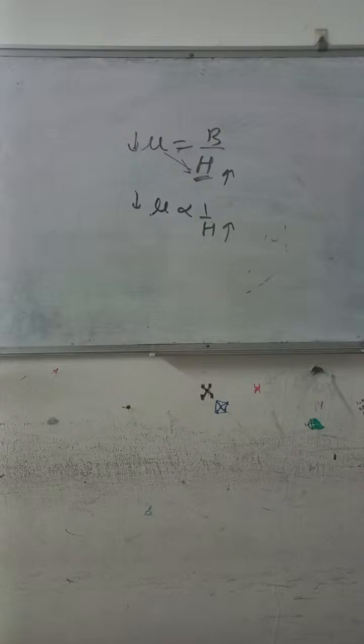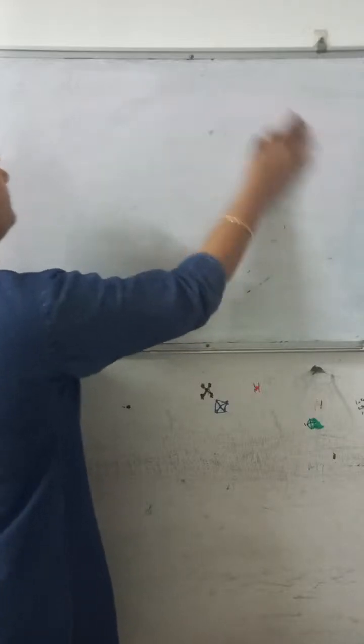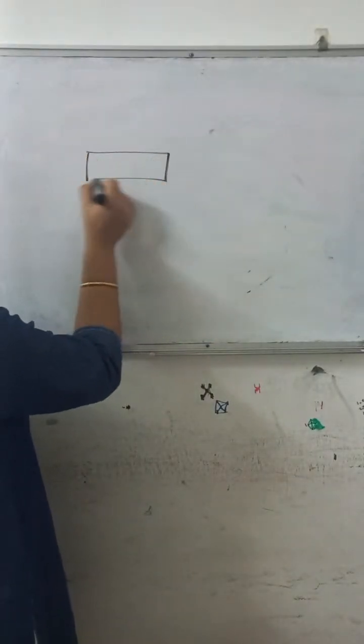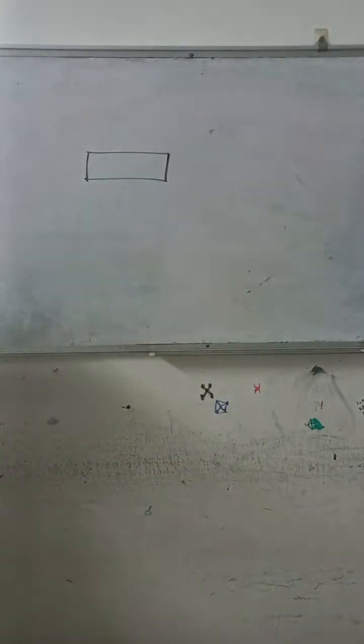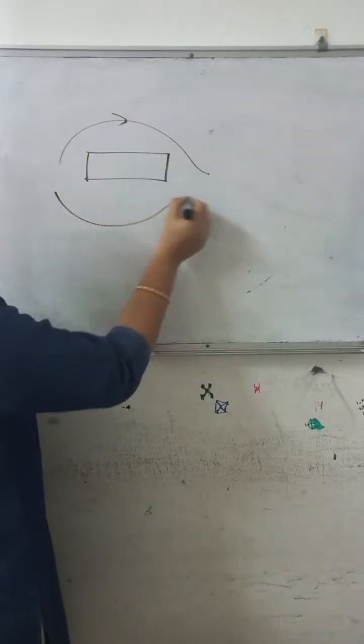So check how the answer will come. Here the diagrams are given, ferromagnetic and diamagnetic materials. I will draw both the specimens here. The field lines are going like this.